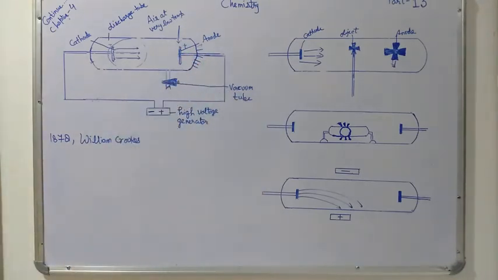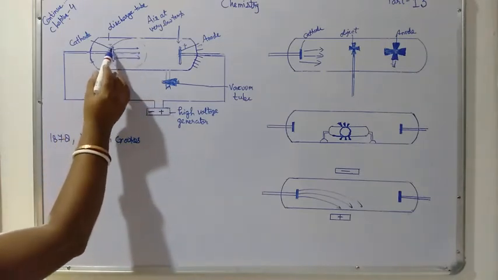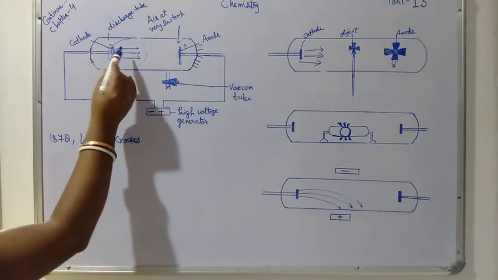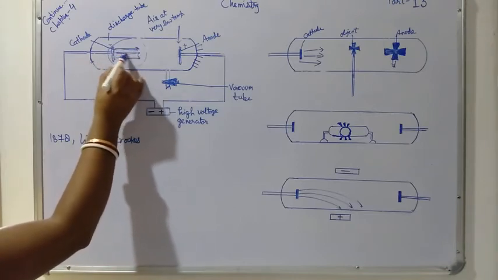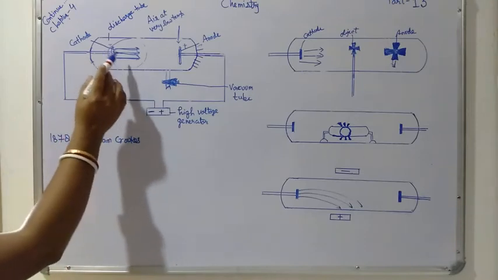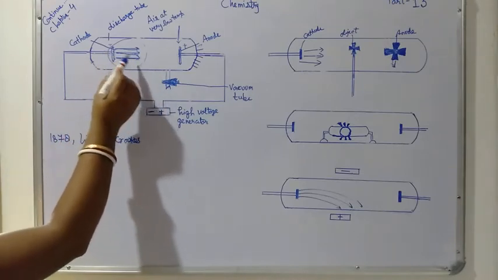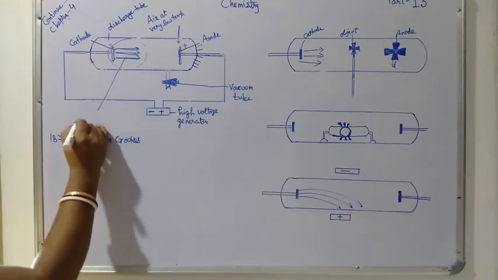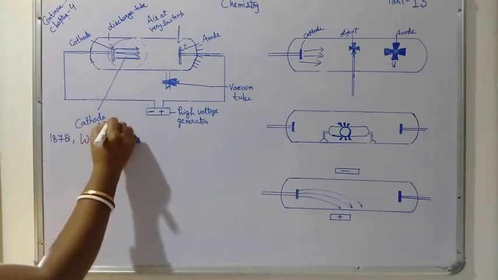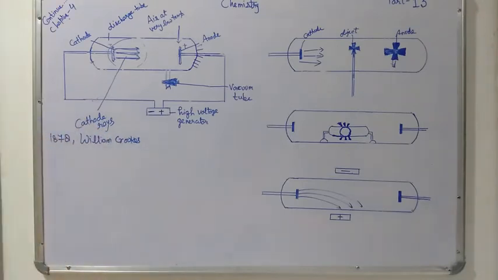So he found that the rays coming from this cathode plate, this negative plate, are made up of negatively charged particles, and he named these rays cathode rays.